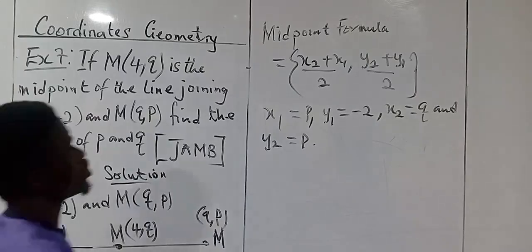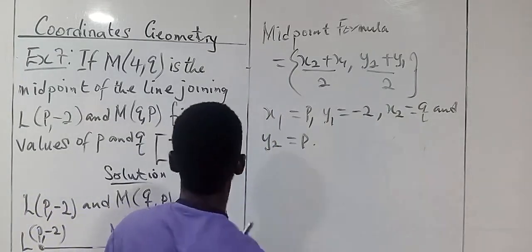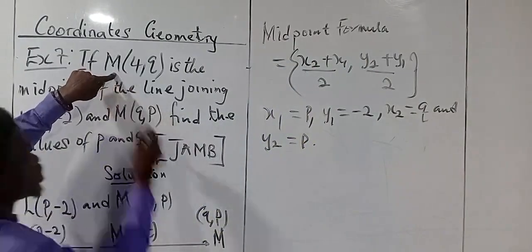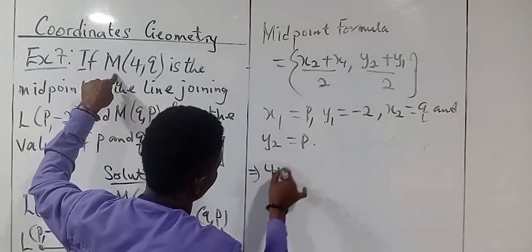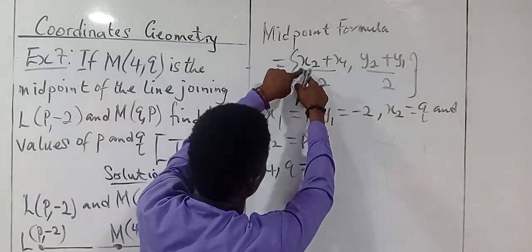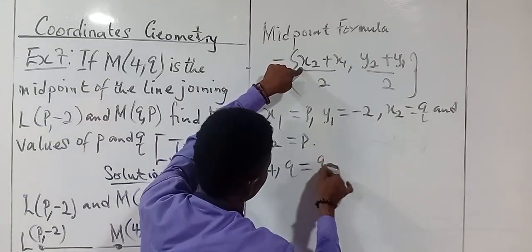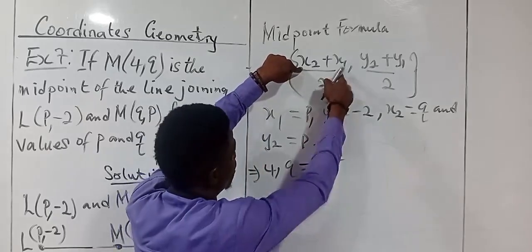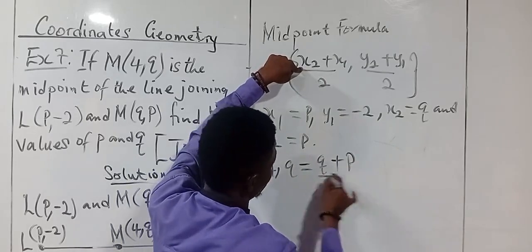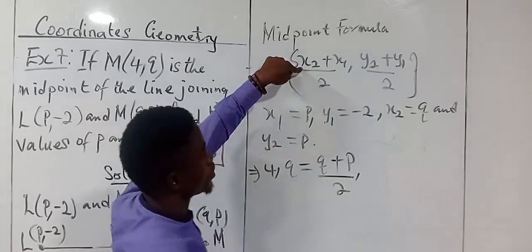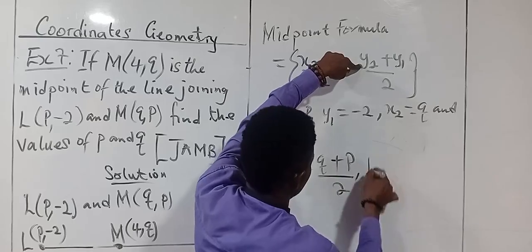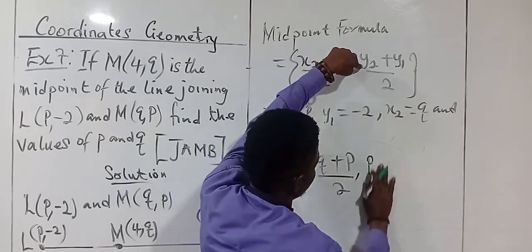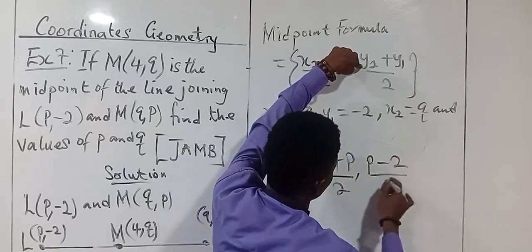So what do we do? Put all these parameters here. We are told that the midpoint is (4, Q). So we have (4, Q) equals (Q plus P) over 2, then (P plus minus 2) over 2.